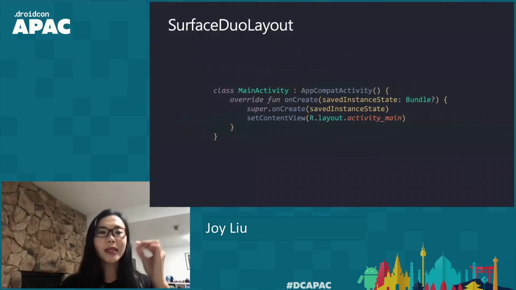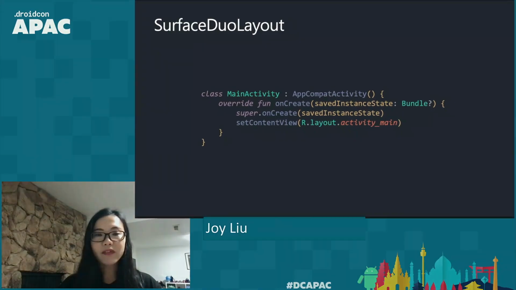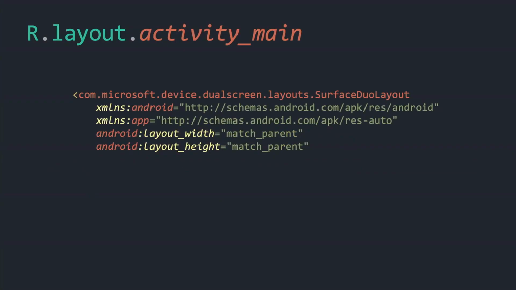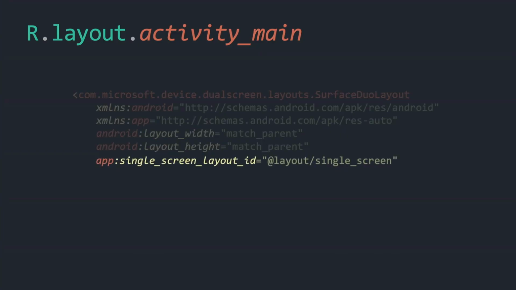So let's see the inner code. In the main activity, we still set the layout activity main as the content view as usual. Then in the layout activity main, we are using the Surface Duo layout components. With that, we can have the ID called single screen layout ID, which is used to hold the layout for the single screen device or the single screen mode of the Surface Duo device.